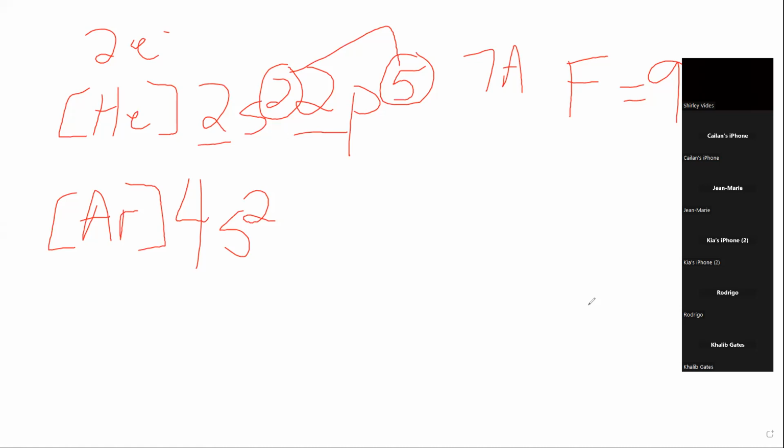So periodic table again. Maybe I need to go get a periodic table myself. That might help a little bit more for everybody. We have one in our modules, so I'll just go to that one.